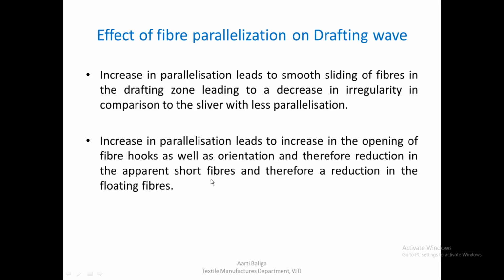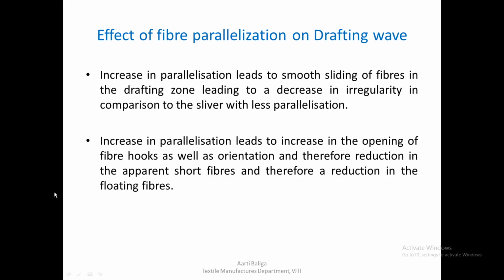Whenever a fiber gets hooked on one side or both sides, or gets entangled, apparently it will look like a short fiber because part of the fiber length has gone in the formation of the hook. So the fiber would seem to be shorter than what actually it is. But if you were to open the fiber entirely and keep it straight, then it would have a larger length. So it would be treated as a longer fiber.